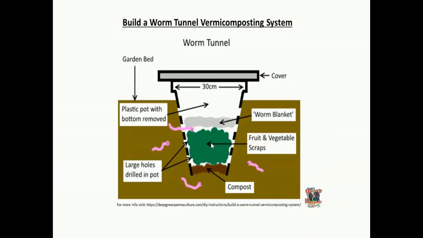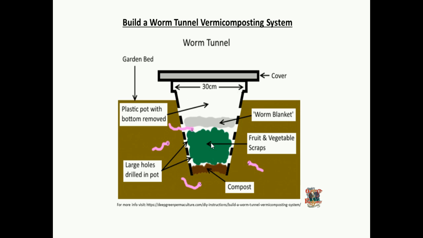Next one, build a worm tunnel vermicomposting system. Here we are observing the worm tunnel-like structure prepared for the vermicomposting system. Here we are observing the upper layer is the cover, consisting of 30 centimeters. Next, at the bottom we are observing the compost. On the surface of the compost we are observing large holes drilled in pots.